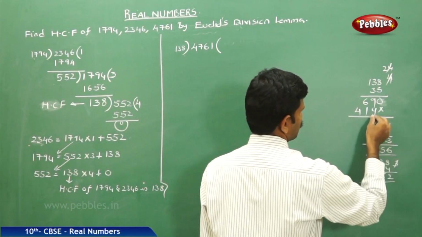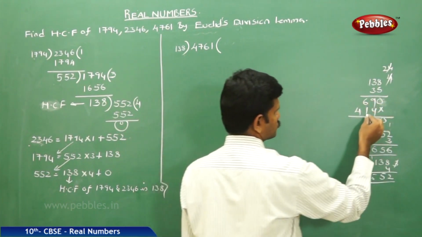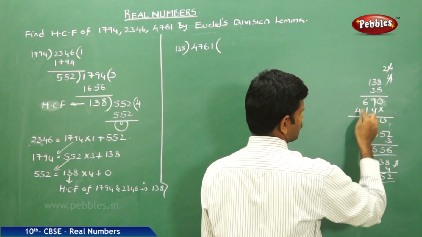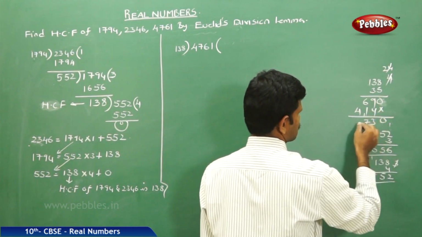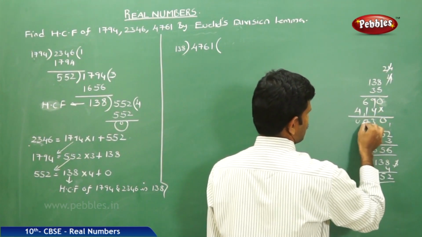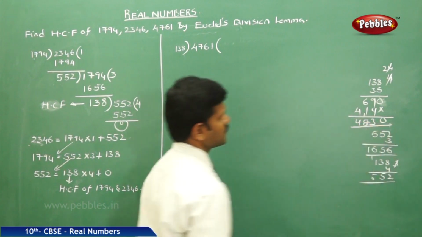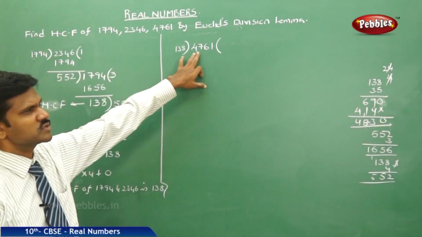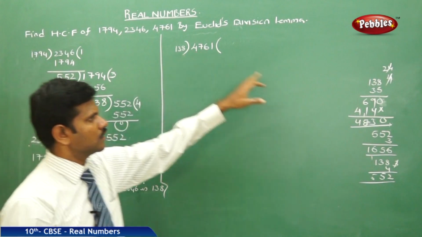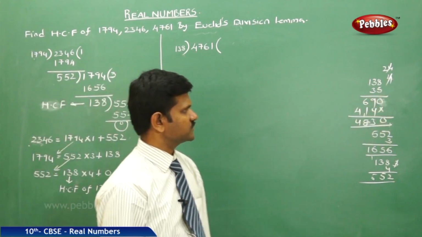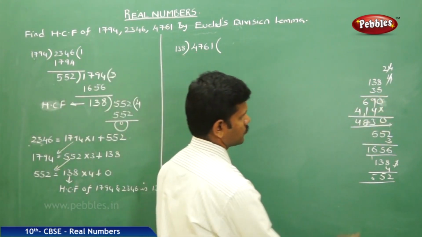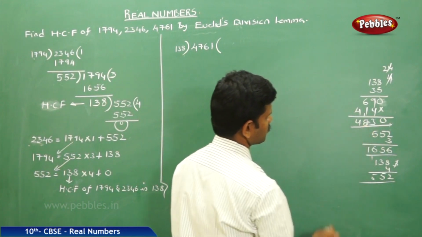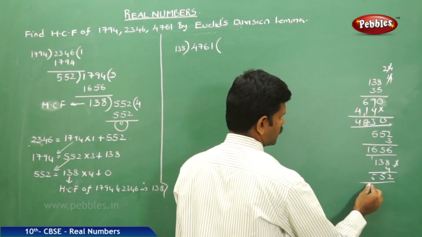That gives 4830, but here only 4700 is there. I took 34 times. Now just subtract 1, that is 138 fours you can collect here.